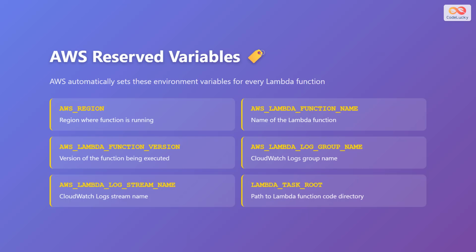AWS_LAMBDA_LOG_GROUP_NAME and AWS_LAMBDA_LOG_STREAM_NAME contain the CloudWatch logs group and stream names respectively. Finally, LAMBDA_TASK_ROOT provides the file system path to your Lambda function code directory. These variables are available automatically and don't need to be configured.